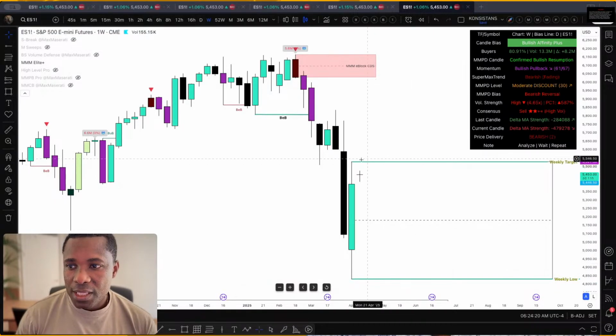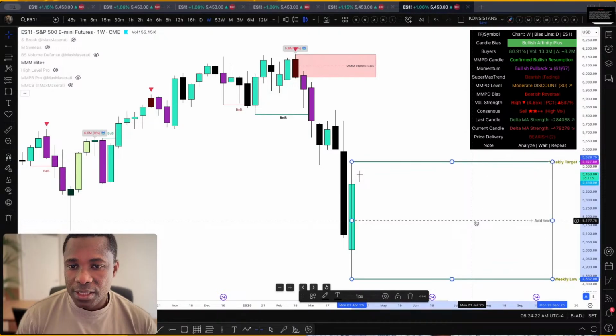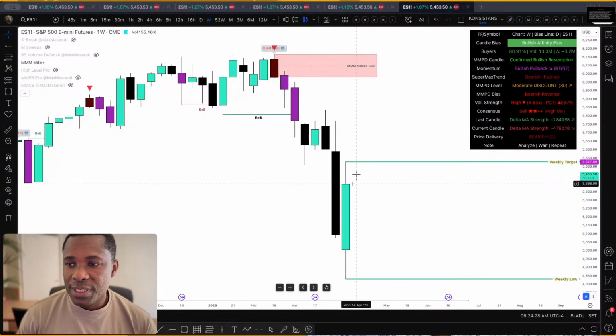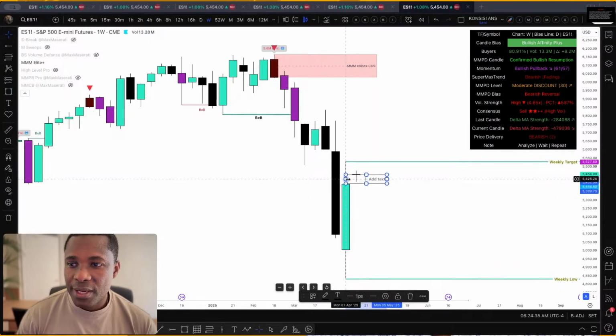Okay. So and then we can take this out now. Okay. So we frame our trade. So what we can see on the weekly, we see that we have a positive opening. We have a positive opening, which means when this week opened, the buyers were so strong, they opened price higher.